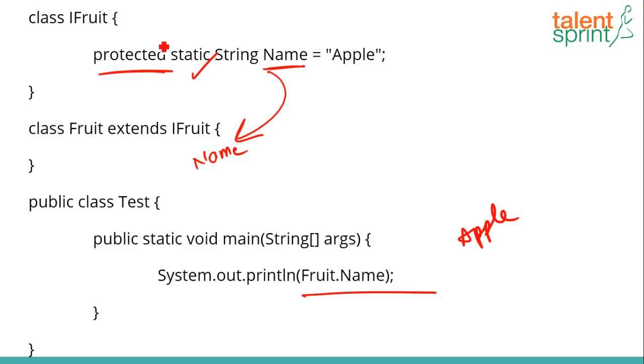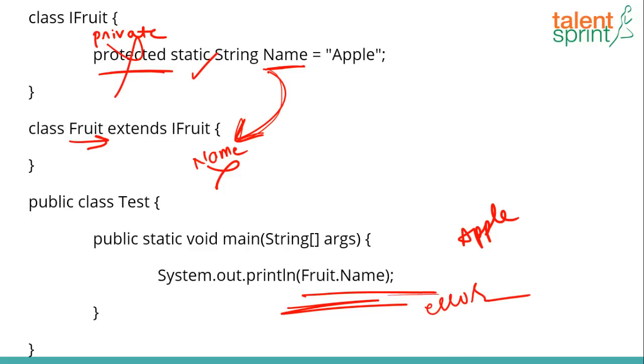Now even if there is no protected here, just static string name, the same thing will happen. Name will still be accessible by this class and the output will be apple. Only and only if in place of this we have private, then class fruit will not have access to this name variable, and this will give us an error.